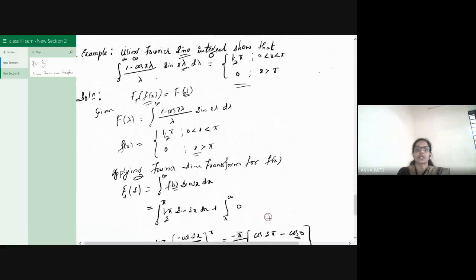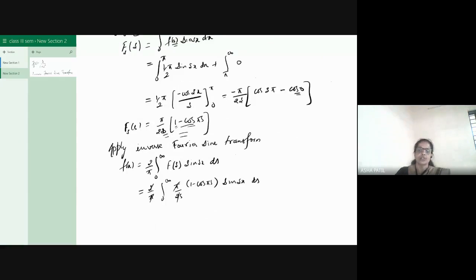It is 1 minus cos pi lambda, multiplied by sin x lambda. So no constant term is there. That's what we are left with here. So if you take this, it is integration from 0 to infinity 1 minus cos pi s divided by s into we have sin sx ds.